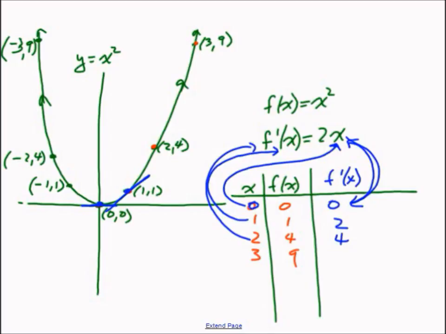What this means is at this point, x equals 2, the slope of the tangent is 4. Again, substitute in the 3 into our derivative function, we get 6. What that means is at this point, where x is 3, the slope of the tangent line is 6. Very, very important concept. Probably the most important concept in calculus.